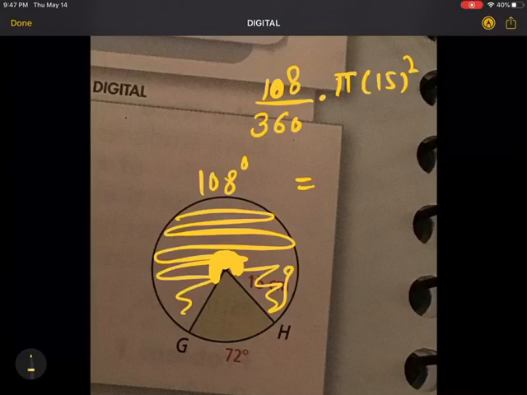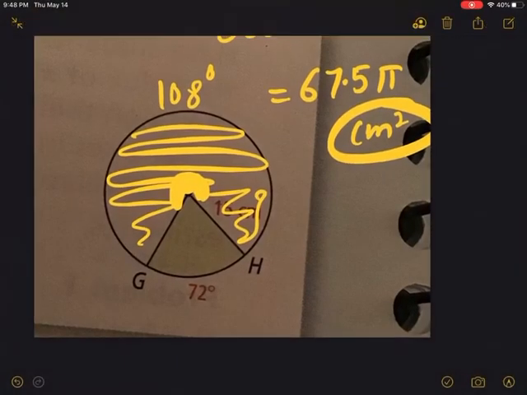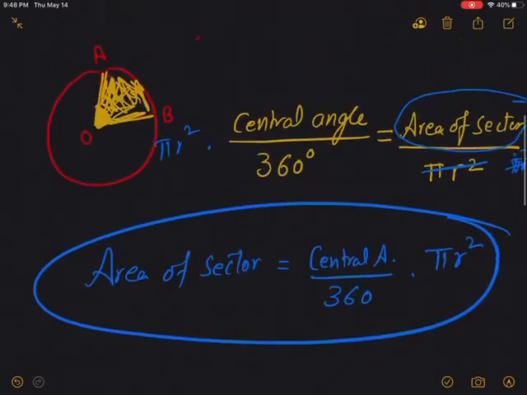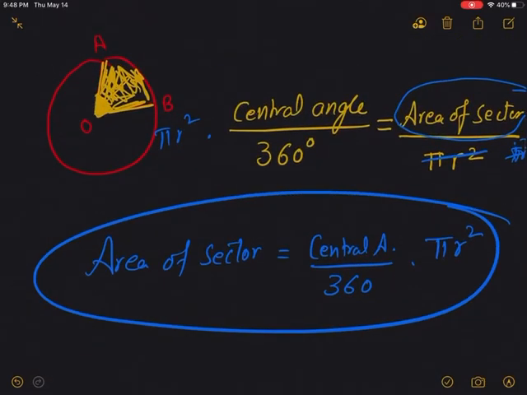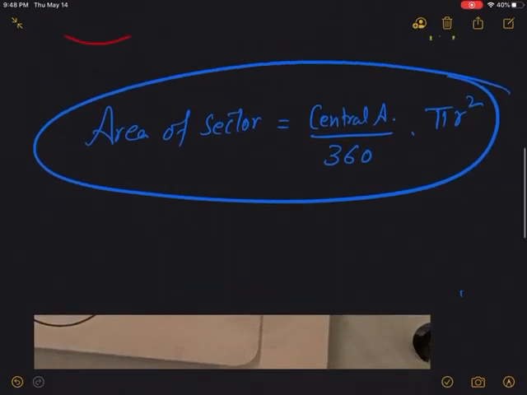It would be 15 times 15 divided by 360 times 108, so it's 67.5 pi centimeters squared. That's how we do it. So again, I repeat, for this area equation, you just have to have the central angle for that piece divided by 360 times pi r squared. Plug everything in, and that's how we find the area.